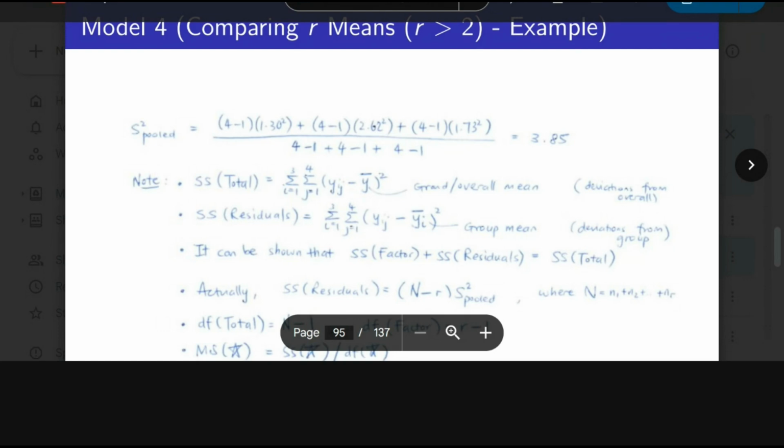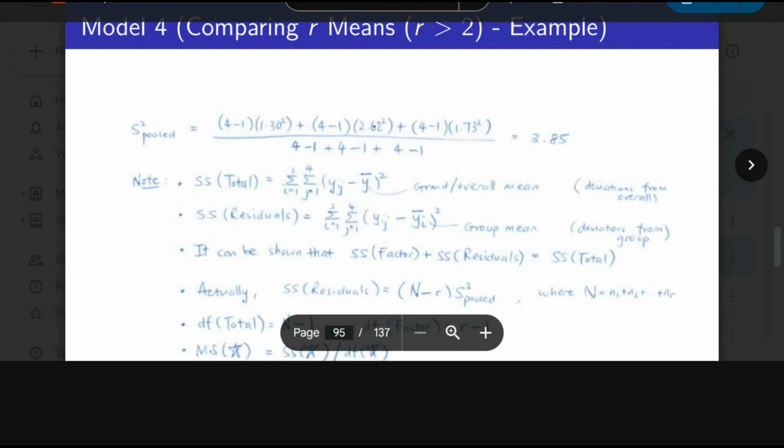Okay? So in other words, what we are trying to say is that after you have grouped the chickens by their feed, this is the deviation that the model cannot explain.